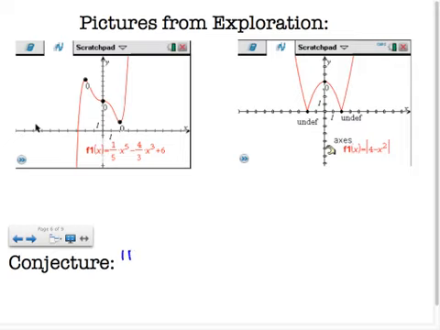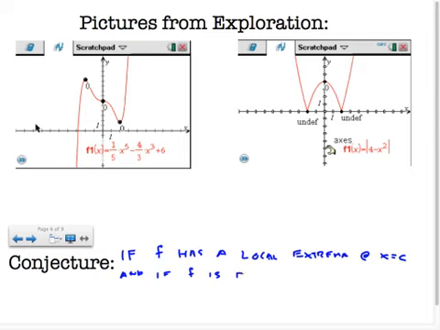It says if a function f has a local extrema, so that could be a max or a min, at x equals c, and if f is differentiable at x equals c, then we're going to prove that f prime of c has to be 0.